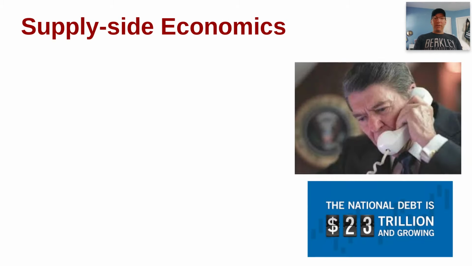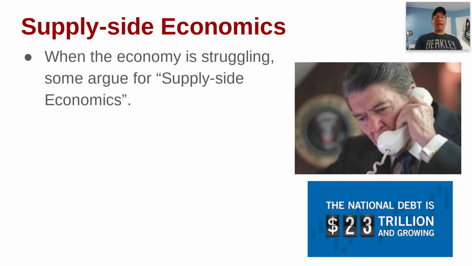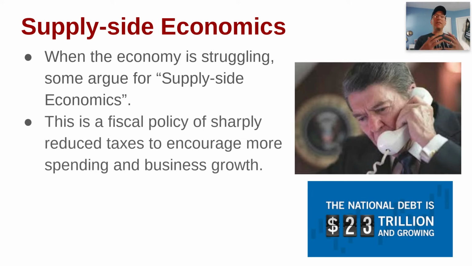One way to do this is through supply-side economics. When the economy is struggling, some argue for supply-side economics. This is designed to help a struggling economy, and it is a fiscal policy approach of sharply reducing taxes to encourage more spending and business growth. Okay? It's the idea that the economy can manage the spending side.